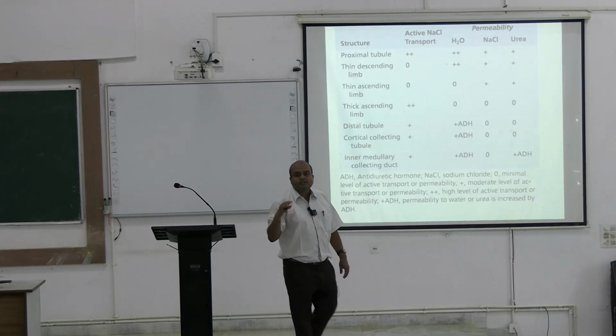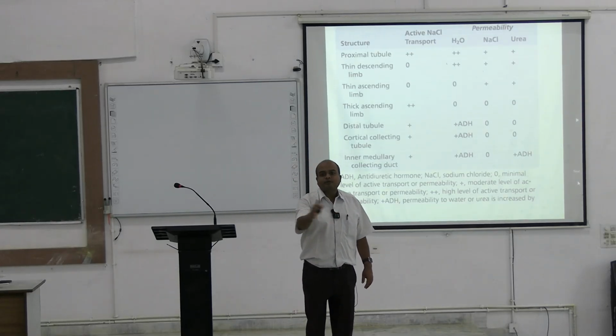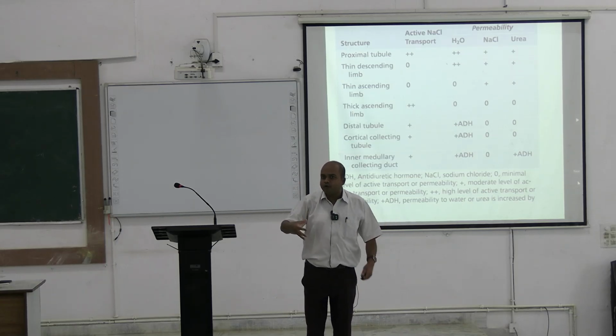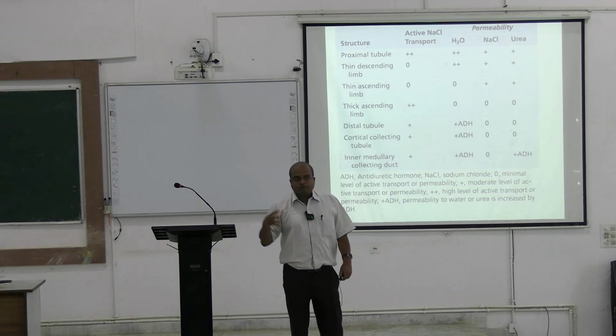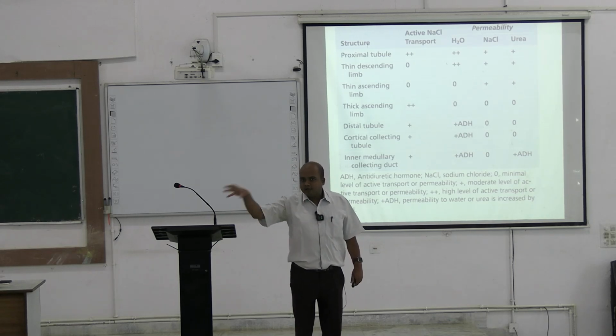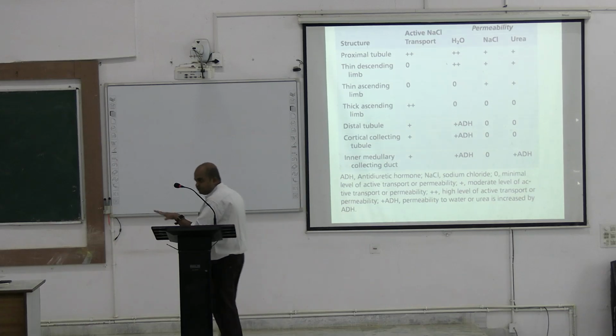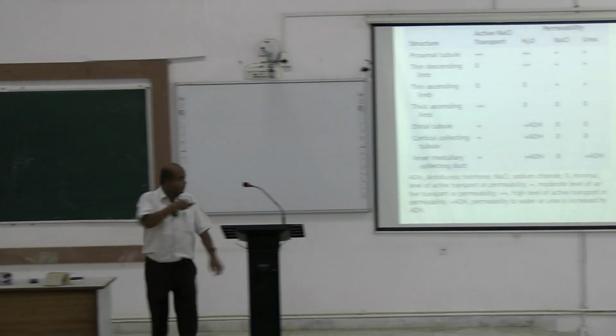What is the difference between tubule and duct? A tubule is considered a part of the single nephron, but when few nephrons drain into a common collecting tube, we call that a duct. Sometimes these terms overlap.